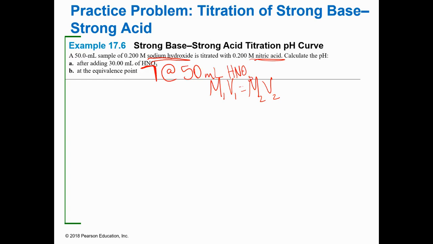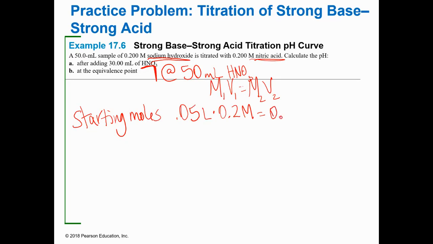Okay, that's the first step because you need to know where you're at on the equivalence point. Okay, you also need the starting moles of your titrant. So I've got 0.05 liters times 0.2 molar, and this is of our base, so 0.05 times 0.2.